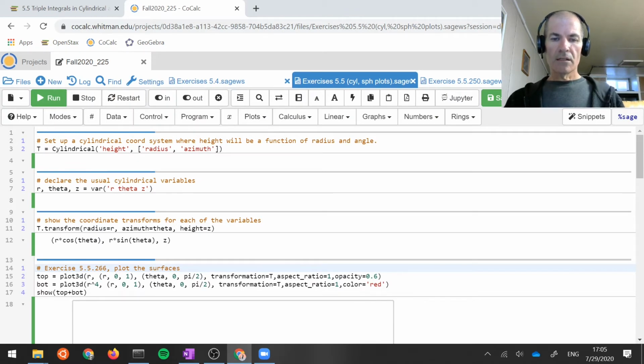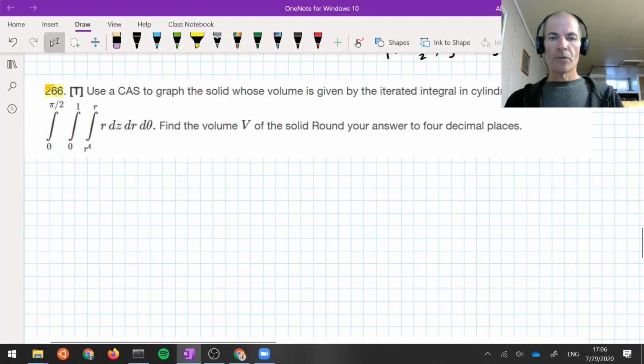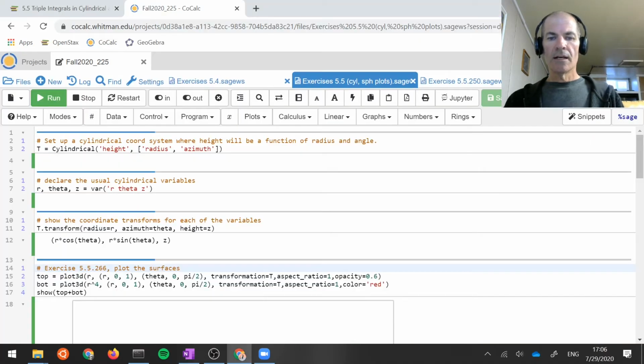And we are also given the option of telling Sage what the range of the r variable is and what the range of the theta variable is. So the range of the r variable is 0 to 1, and the range of the theta variable is 0 to pi over 2. This is essentially equivalent to telling it what's the interval in the x direction, what's the interval in the y direction. So that's convenient for us.